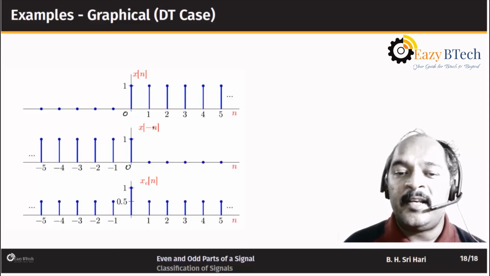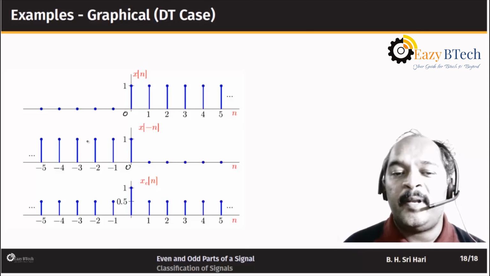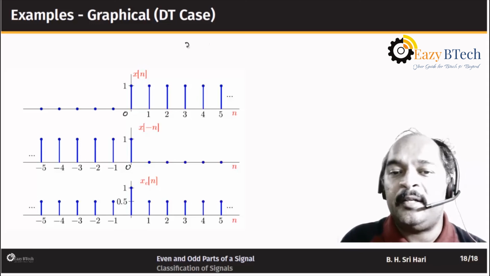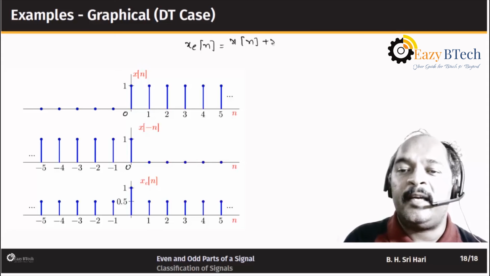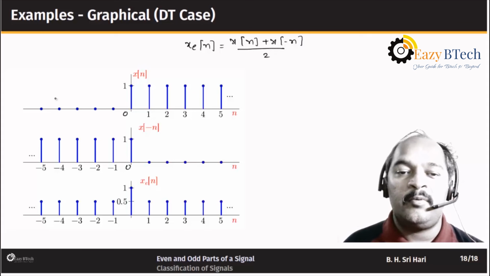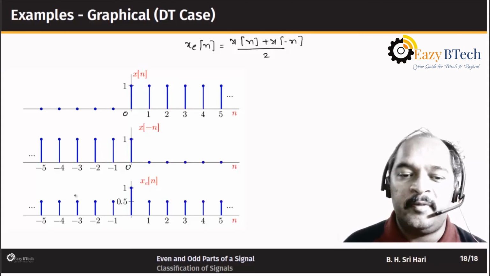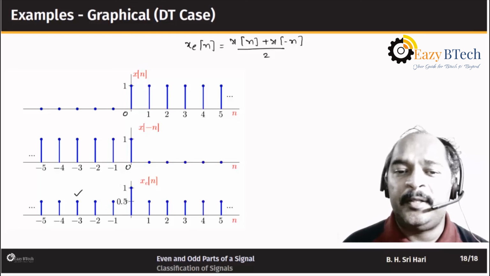So x of n plus x of minus n is 0 plus 1, which is 1, and you have to divide by 2. Since xe of n is nothing but x of n plus x of minus n by 2, all zeros plus 1 is 1, and divided by 2 gives all values to be 1 by 2, or 0.5.